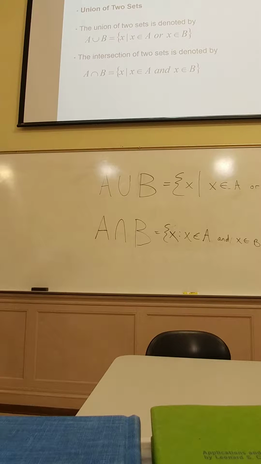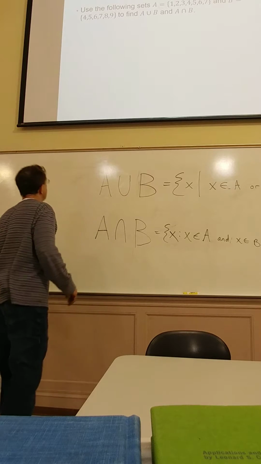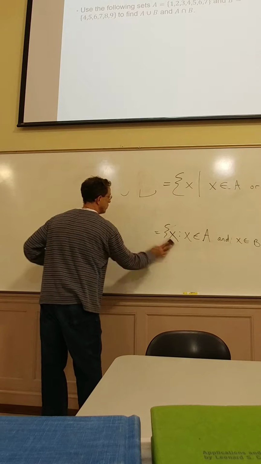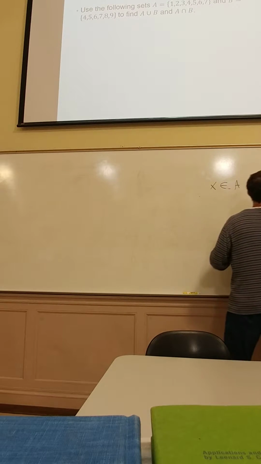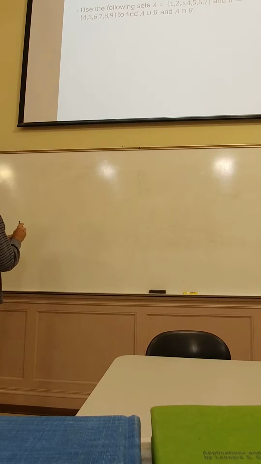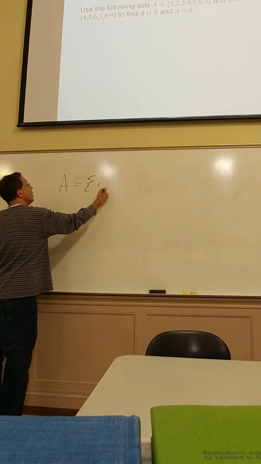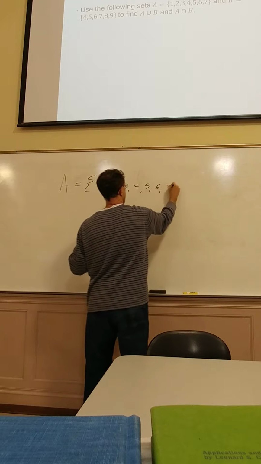It'll make more sense when we do actual examples with elements in them, and we can chase the elements and work out the problem. In this first example, A is the set 1 through 7, so 1, 2, 3, 4, 5, 6, 7.